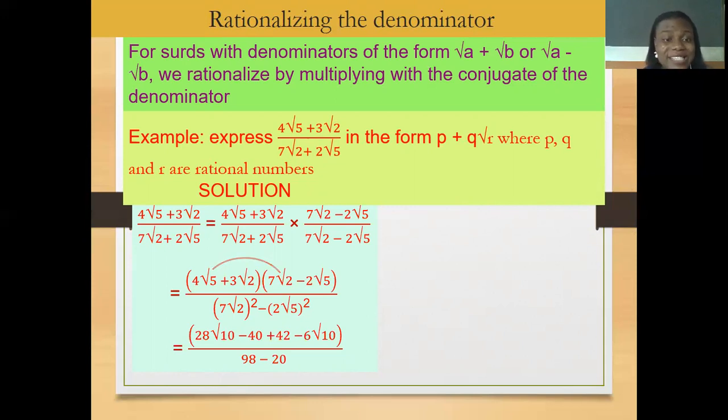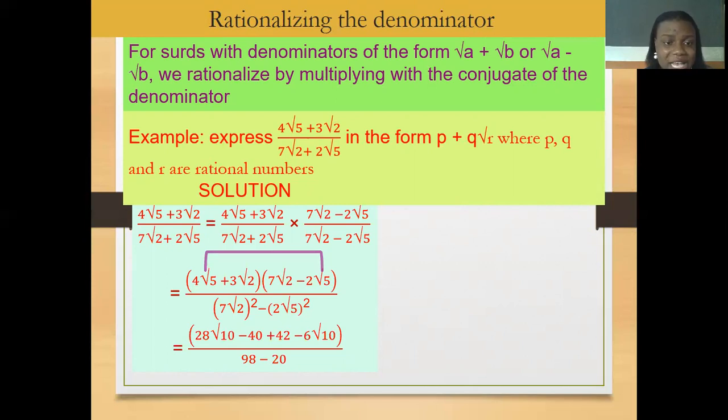The next thing is you take 4 root 5 now and use it to multiply minus 2 root 5, take note of the sign. So 4 times minus 2 gives us minus 8. Just keep that somewhere, minus 8. Now, root 5 times root 5 gives us 5. So minus 8 times 5 is minus 40. So that's how we get the minus 40 in the next position there.